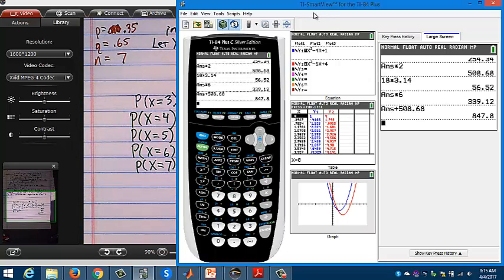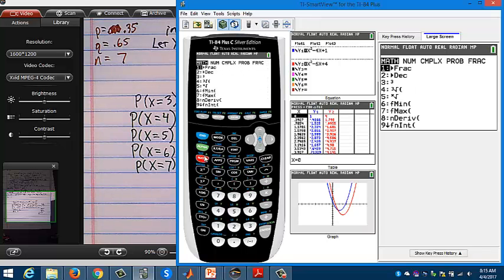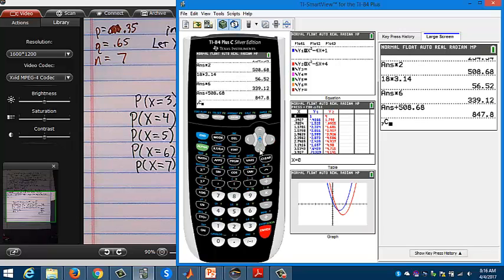So we hit 7, and then, remember where the choose is? Math menu. Where do I go? Over to the probability menu, and then it's choice 3, nCr. So math, and then that gives me 7 choose 3.